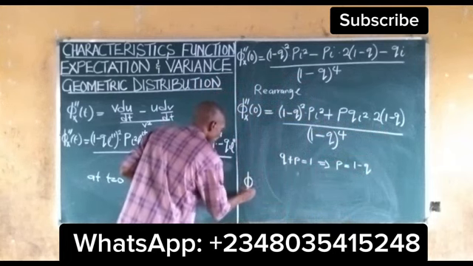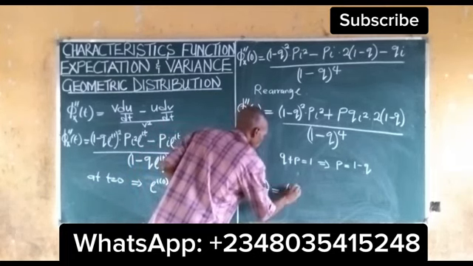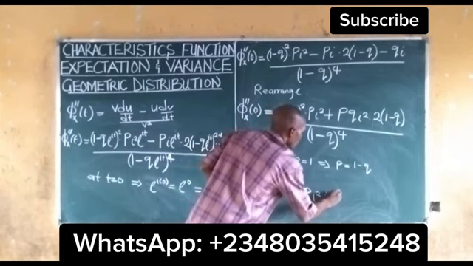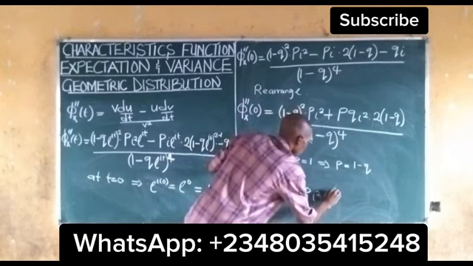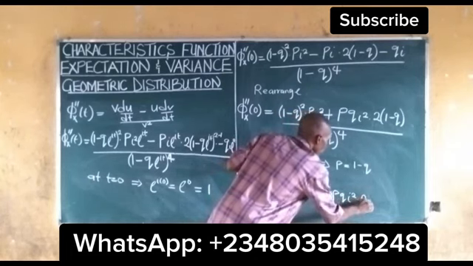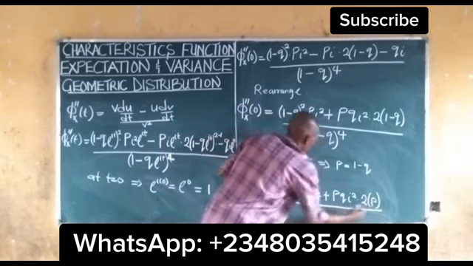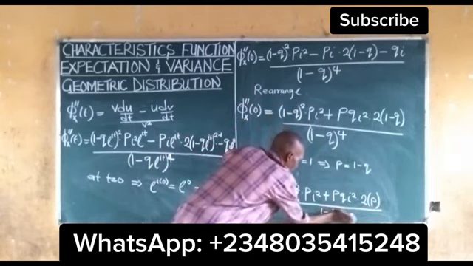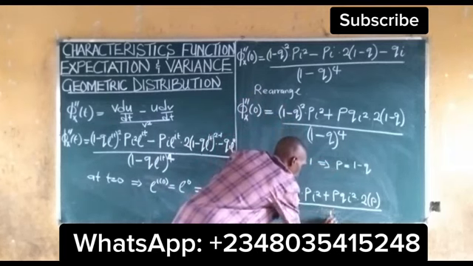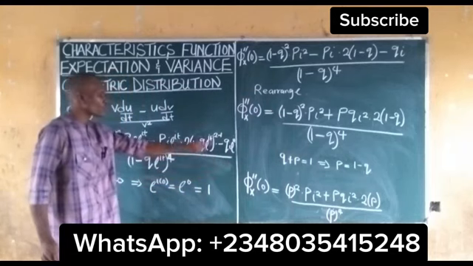It then means that our characteristic function is equal to p squared into p i squared plus pq i squared multiplied by 2p all over, 1 minus q is equal to p, into p raised to the power of 4. So this is what we get. All we need to do is just to rearrange it.